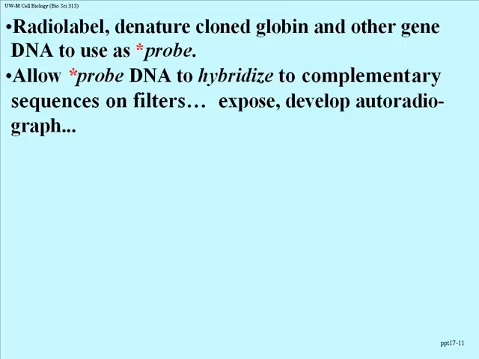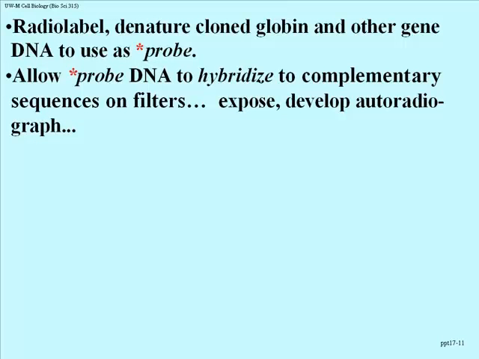We mean hybridizing in the sense of if the two original parent strands of DNA were artificially separated and we introduce two new strands that are potentially complementary, and they do form H bonds, well, they've kind of made a hybrid DNA structure. So we say we're going to allow the radioactive probe DNA to hybridize to complementary sequences on the filters if they're there.